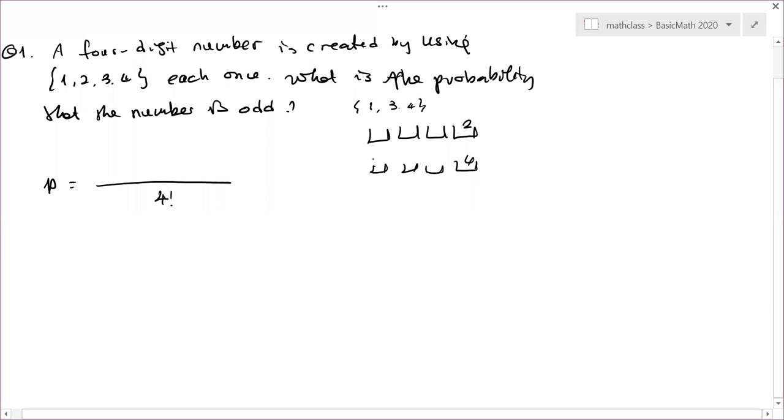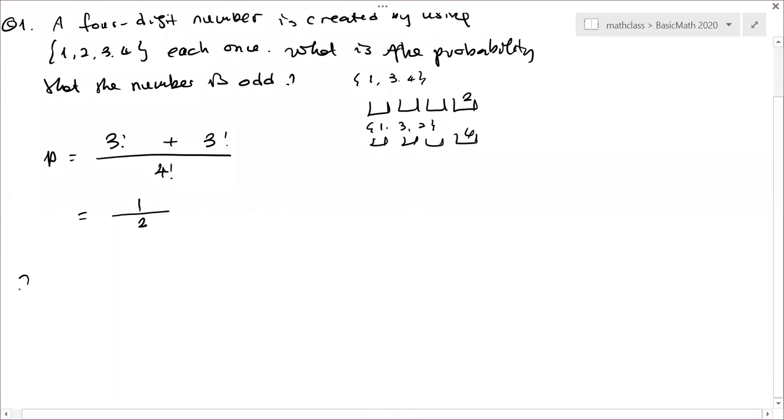So each one is 3 factorial; add them together. Or you can choose the unit digit first, 2 choices, then the rest you can pick randomly. Then you get 2 times 3 factorial. So the answer will be 1 over 2 after you simplify.